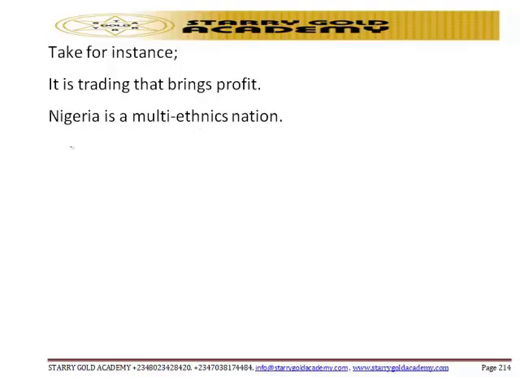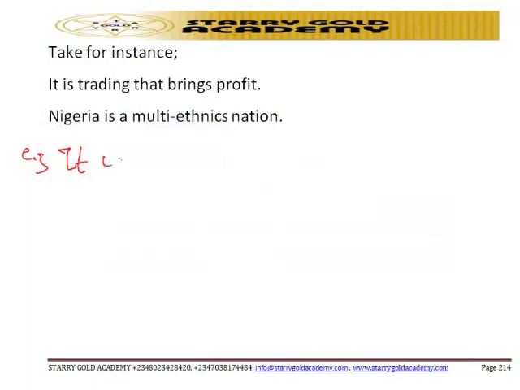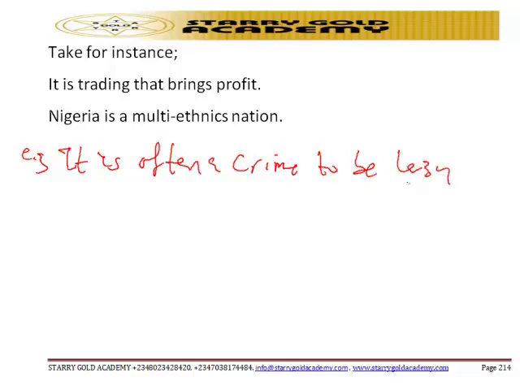Now look at what we want to work on. Next example, under denotation, we may say, it is often a crime to be lazy. This reason is not perfect. It's telling us that it is not good to be lazy.